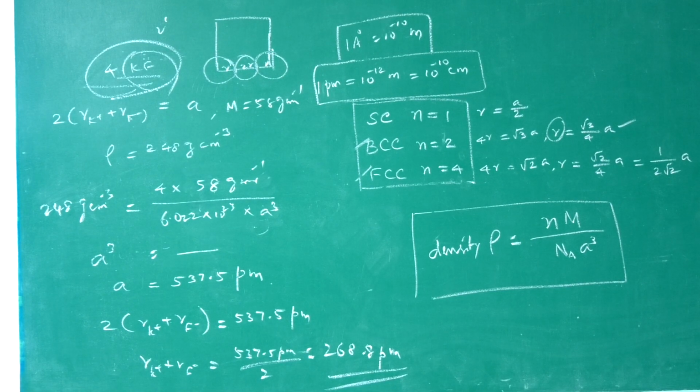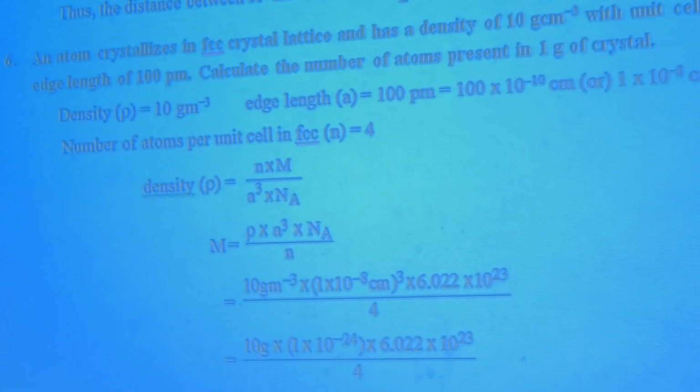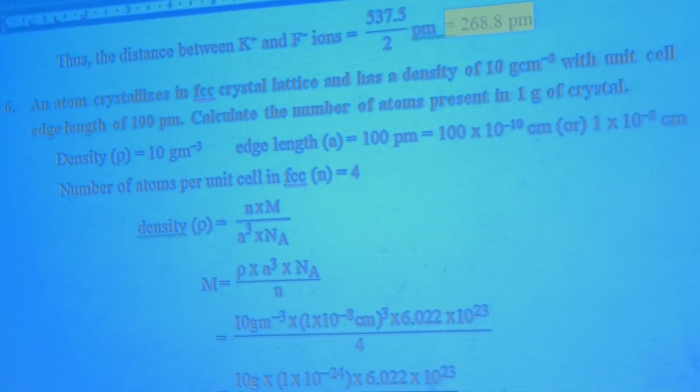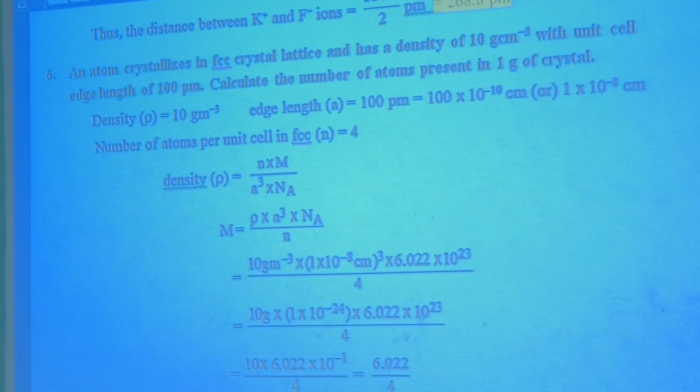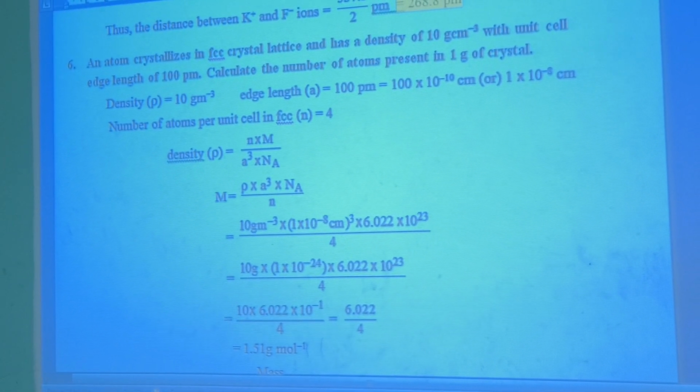An atom crystallizes in FCC. Again FCC comes in, therefore N is equal to 4. An atom crystallizes in FCC crystal lattice, and the density is also given. Unit cell edge length is given. Calculate the number of atoms present in 1 gram of crystal. So we have to get the molar mass first.